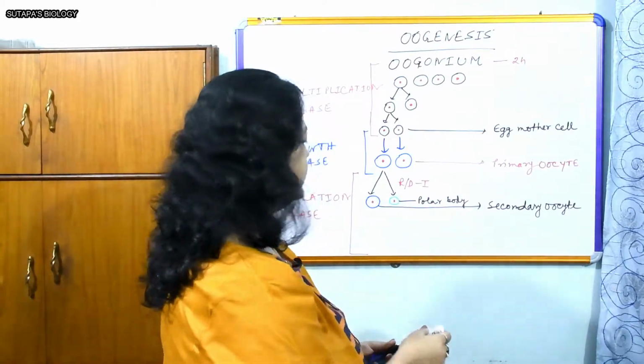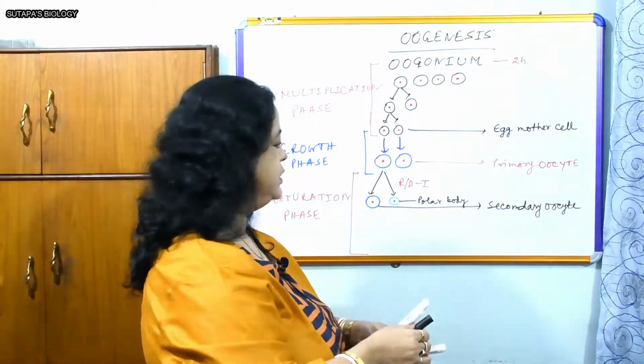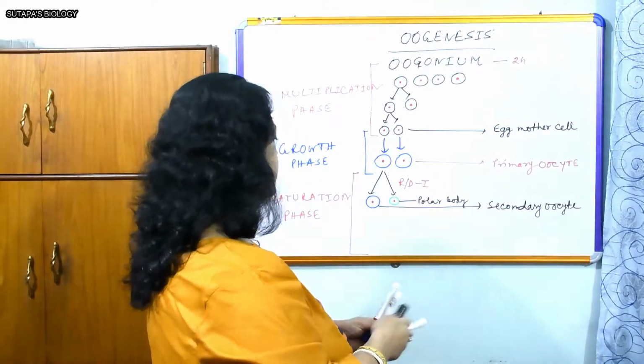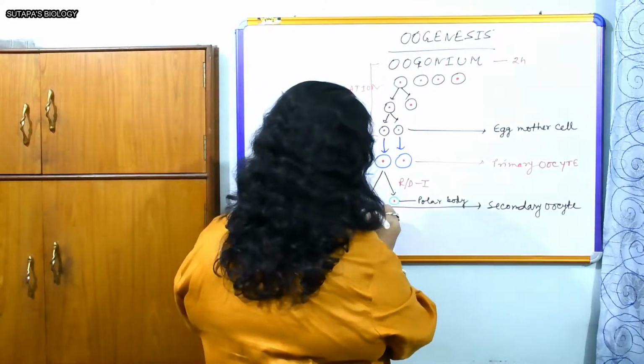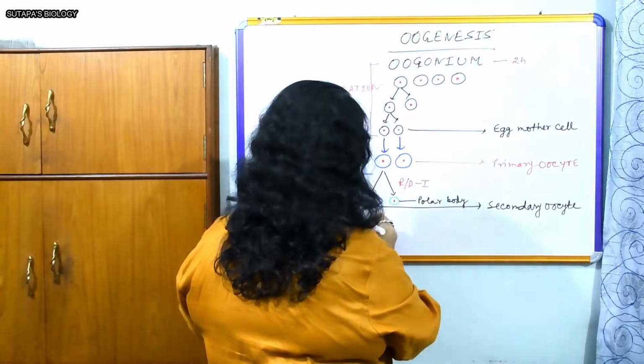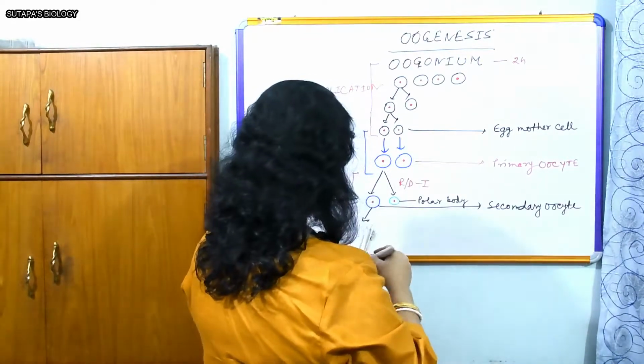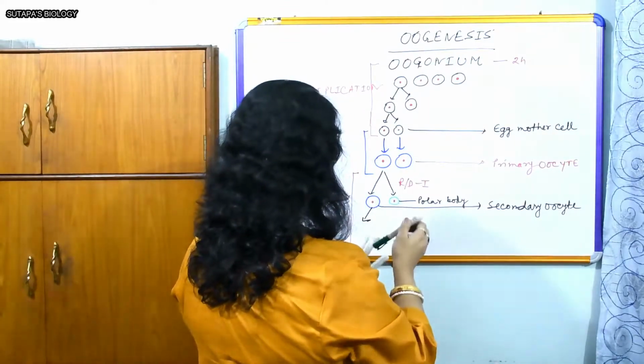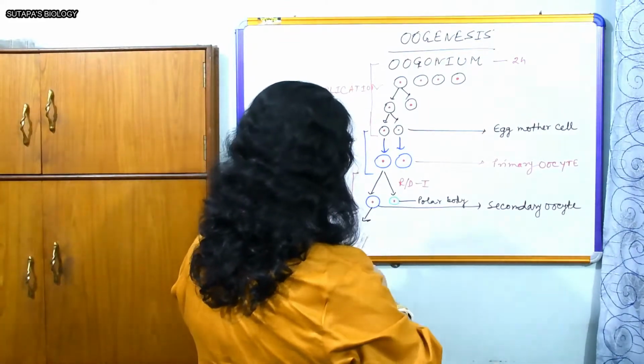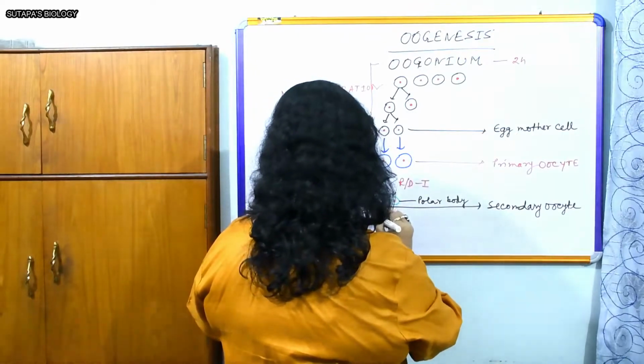Polar body is formed. Now this reduction division 2 will take place after this, and in reduction division 2, it's again the unequal division. But that it will form one oocyte and the third polar body. Why it's third? I'm explaining that also.